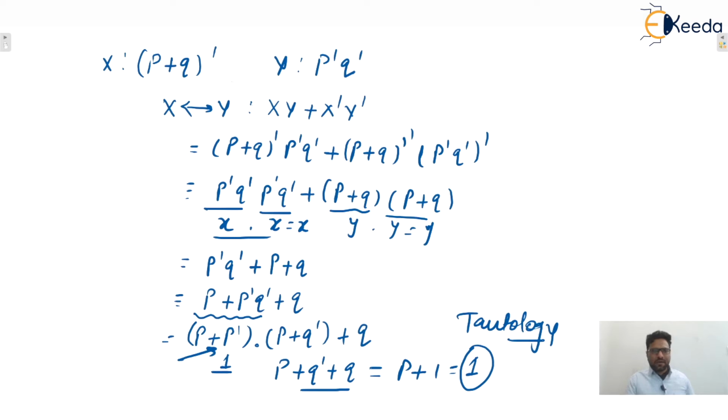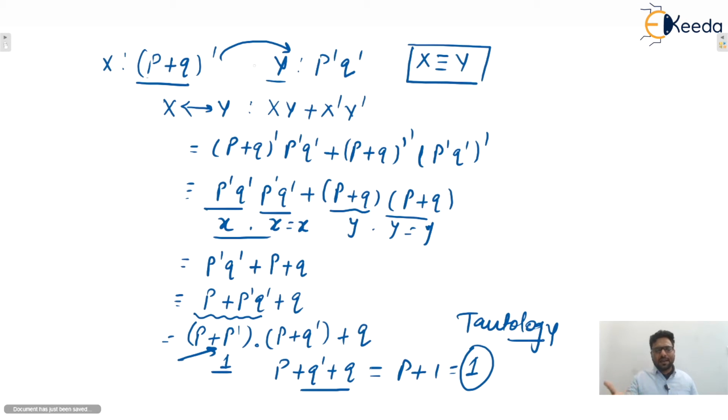So we can say that these expressions are equivalent. Also, you can simply apply De Morgan's on the expression of X, and then Y will be obtained. So by De Morgan's you can observe that these are equivalent.